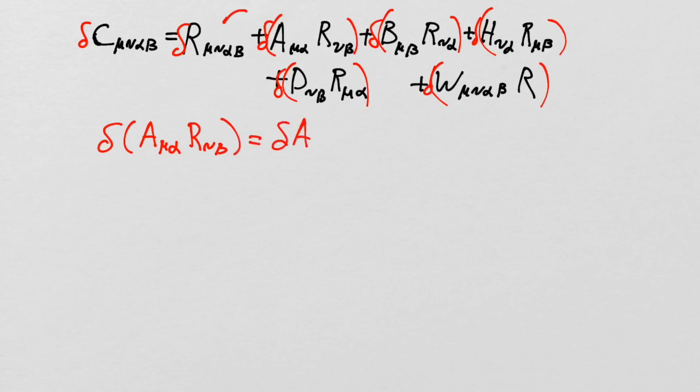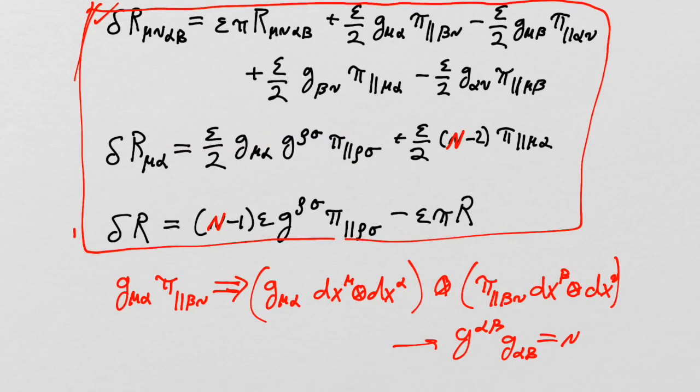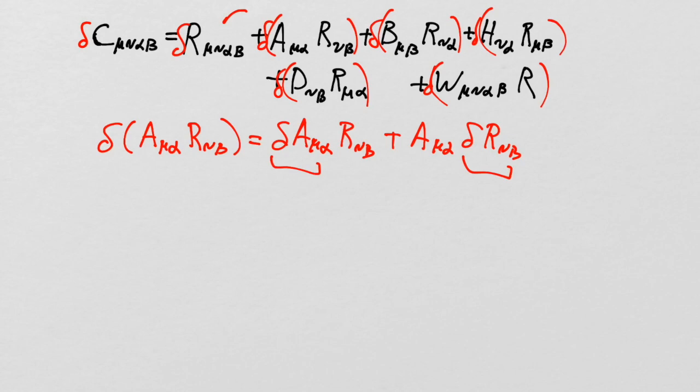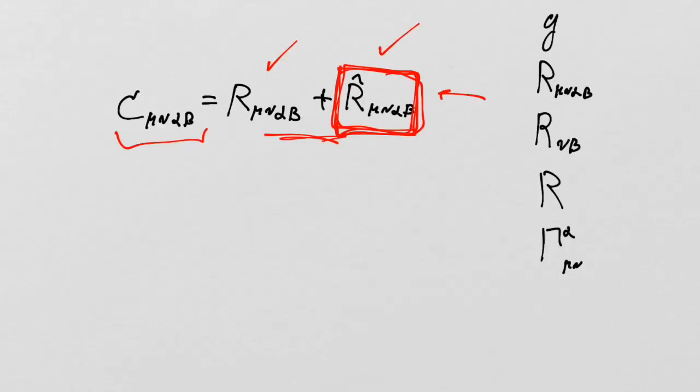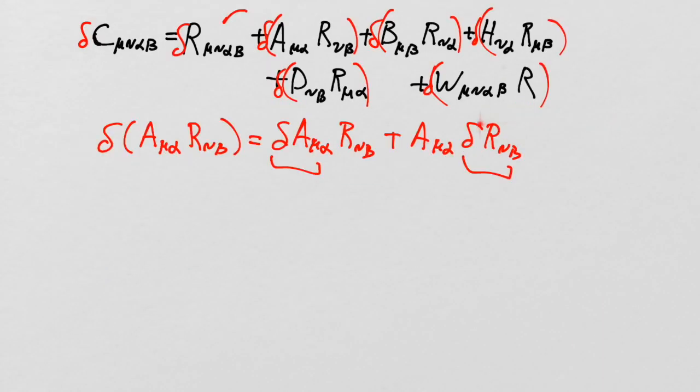It's the variation of a mu alpha times r nu beta plus a mu alpha times the variation of r nu beta. So this is undetermined, but this guy we know, again, because we have already calculated it right here, right? So we can slip that variation in very easily. And yes, that means we have to put in this whole statement here, which is a little smaller than this one at least. We have to put that whole statement here everywhere we see this.